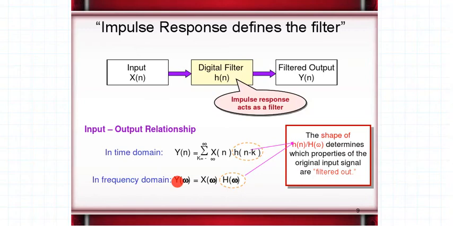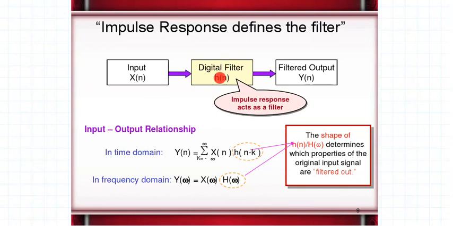So what we understand from this discussion is that designing the filter means designing h[n] in such a way that it gives us the desired output y[n]. Filter design means calculating h[n] to give us the desired output characteristics y[n].